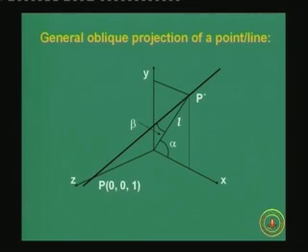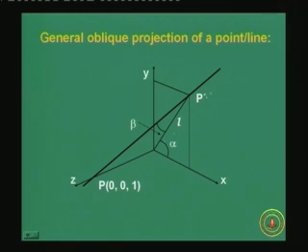Just to give an idea of the formulation required for the generalized oblique projection of a point or a line, in this figure we have taken the projection plane to be the xy plane, and the point to be projected on the z axis, a point P with coordinates 0, 0, 1. We intend to project this point through a line onto the xy plane, the projection plane, and the intersection of that line with the projection plane will give you the projection P prime.